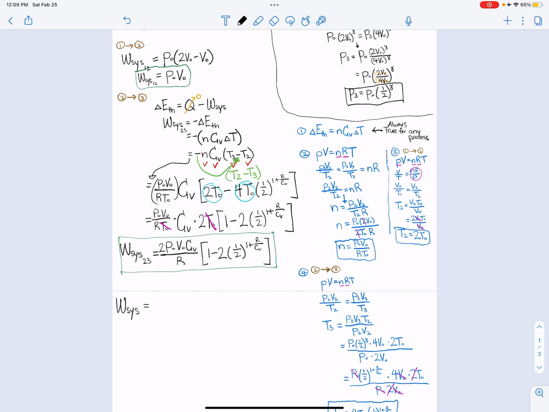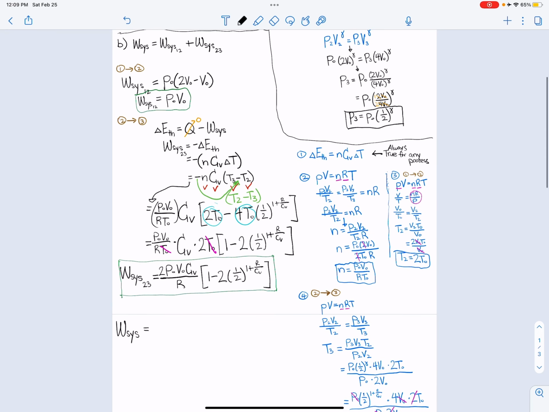So work done by the system from 1 to 2 is equal to P naught V naught. And we'll add that to the work done by the system from state 2 to state 3, which is 2 P naught V naught CV over R multiplied by 1 minus 2 times 1/2, 1 plus R over CV.